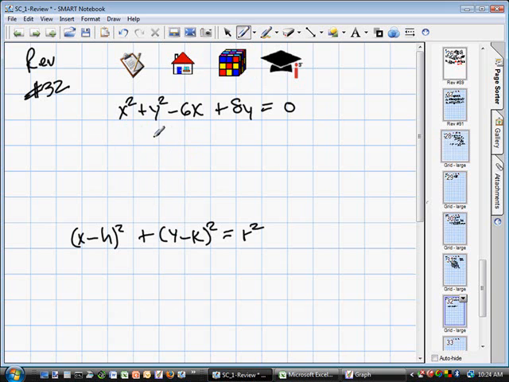The idea here is we're going to have to complete the square on x and probably on y too. So let's gather the x terms and the y terms together, and let's leave some space so that we can complete the square.